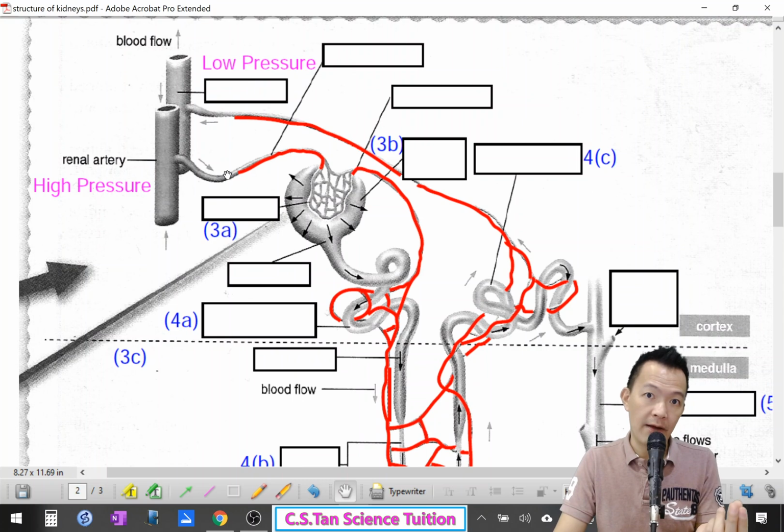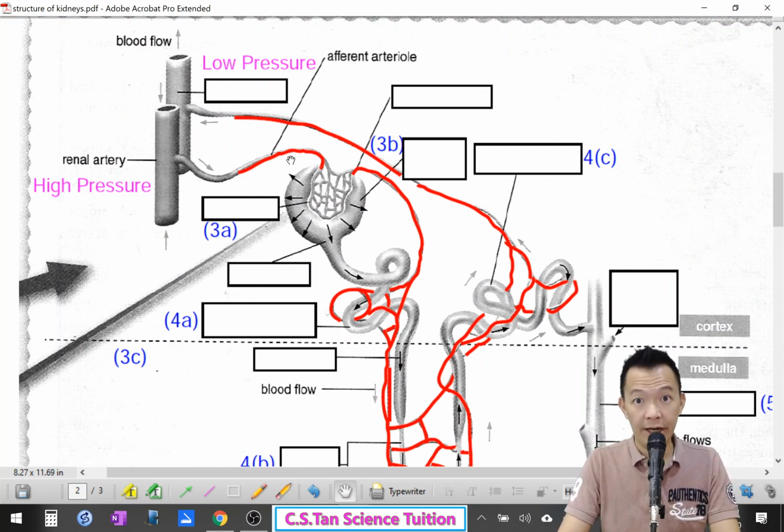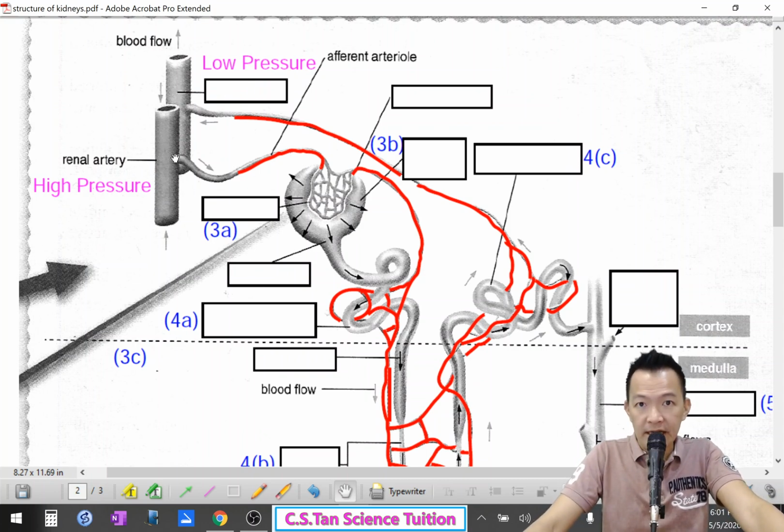Where do the arterioles come from? 这些小动脉从哪里来呢？Renal artery 啦，肾动脉分叉过后变成的小动脉. So the afferent arteriole with high blood pressure will finally be separated into more branches of smaller blood vessels. And all the blood vessels here we can call capillaries, 微血管.